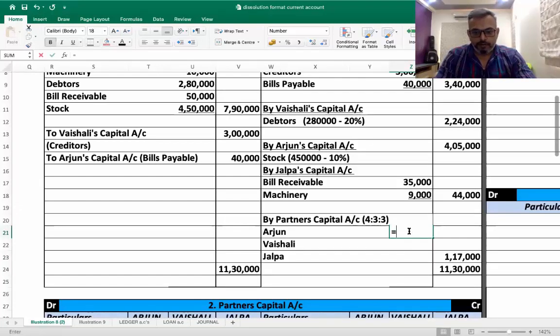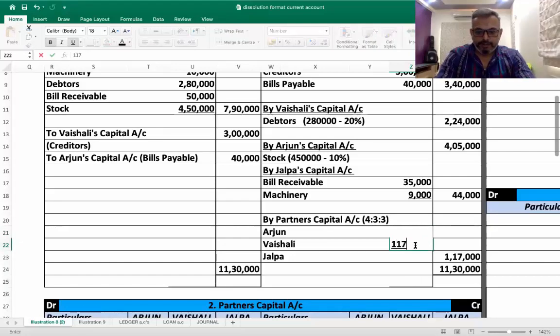1,17,000 into 4 by 10. 46,800. 1,17,000 into 3 by 10.